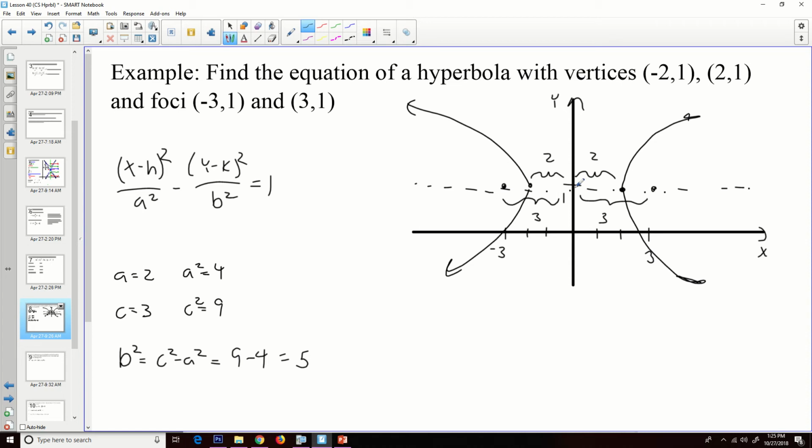And if we come over here, this point right there is going to be our center, and so our center is 0, 1. And so I can just plug and chug now.